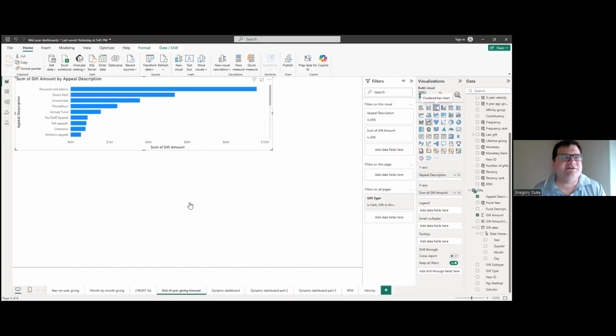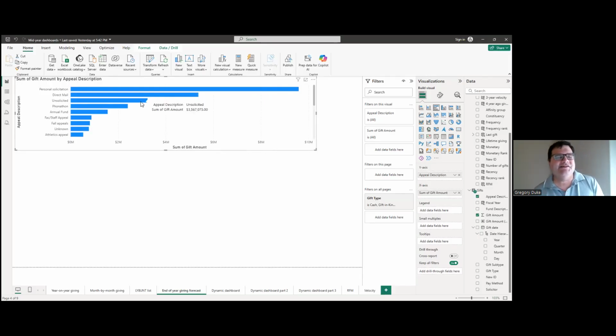Actually, I'm going to change it to this one. That makes a lot more sense. So for all of our gifts coming in lifetime, we see that personal solicitation obviously has brought in the most money. Direct mail unsolicited is quite high, and a lot of that might have been the early years of the institution.